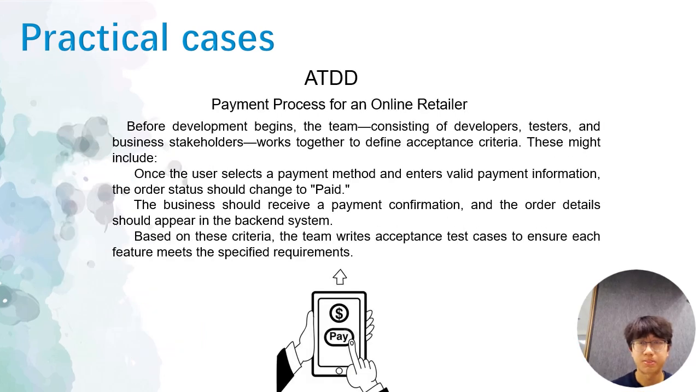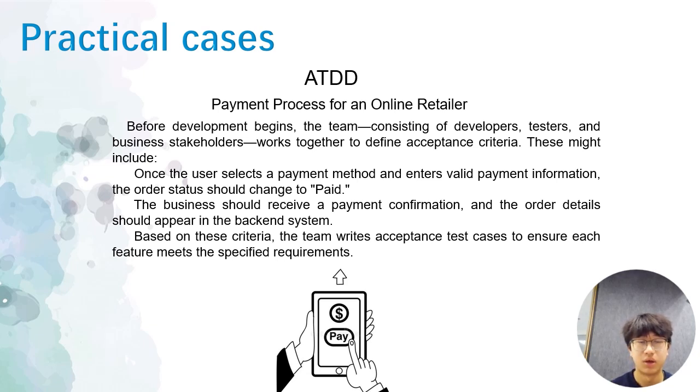And the third background is ATDD, a payment process for an online retailer. Before development begins, the team consisting of developers, testers, and business stakeholders work together to define acceptance criteria.